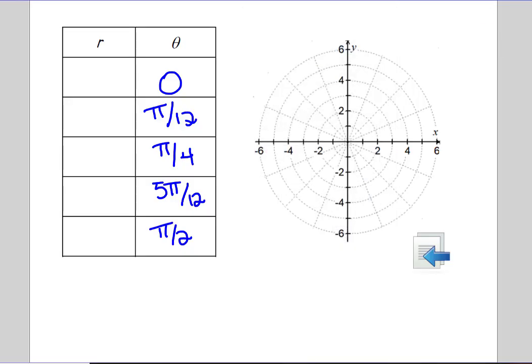So filling in that table, we have 0 and either plus or minus 2.83, plus or minus 4, plus or minus 2.83, and then back to 0. So at 0, we're at 0. At pi over 12, that's 15 degrees, we're at 2.83.